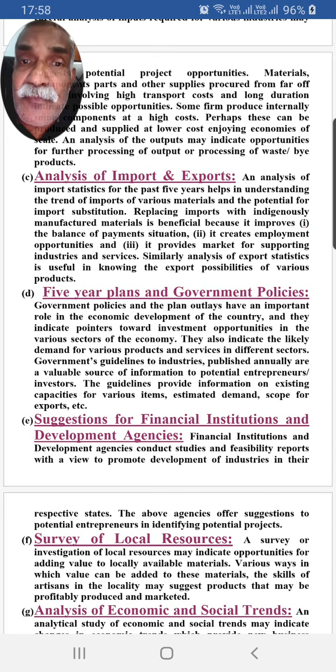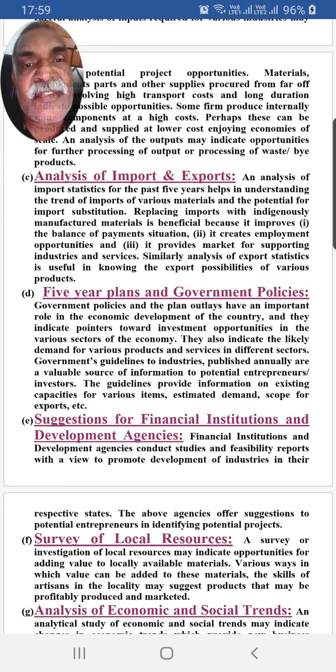It creates employment opportunities and it provides a market for supporting industries and services. Similarly, analysis of export statistics is useful in knowing the export possibilities of various products.